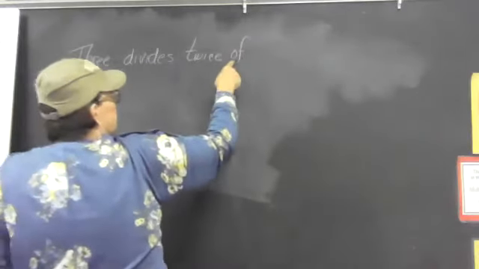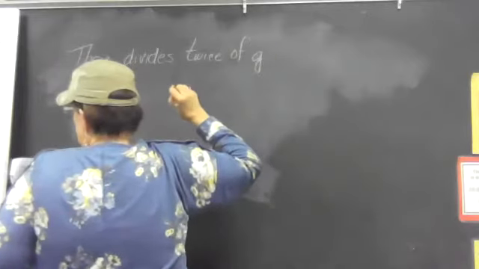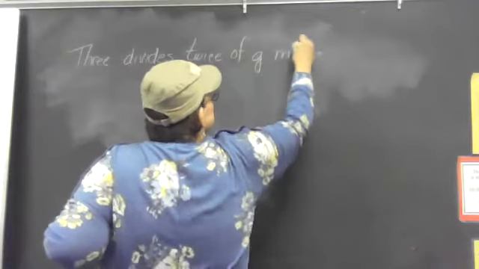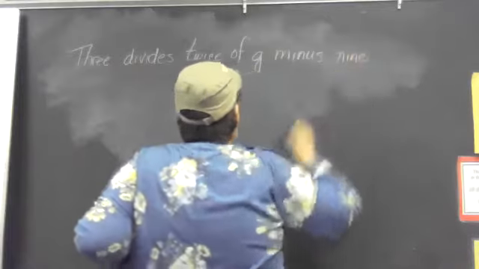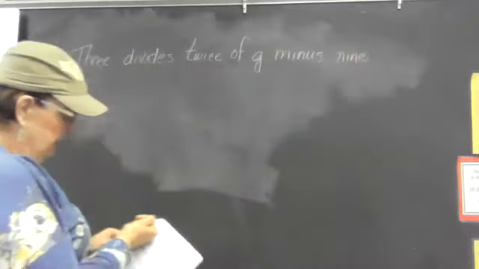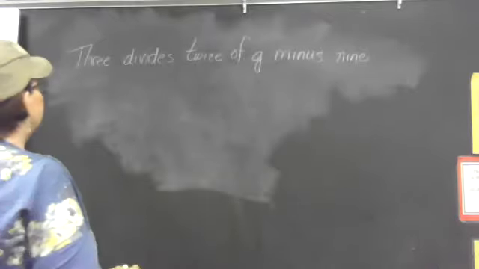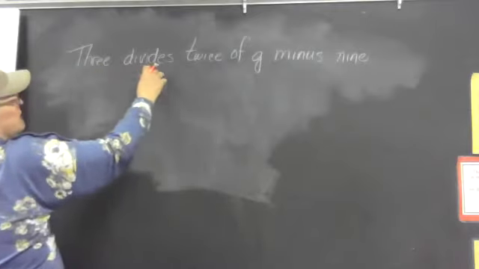Sometimes they put this word there after twice, and sometimes they don't. Okay, let's look at it. We look at it, we're strong and we're confident. It says 3 is going to divide this stuff.